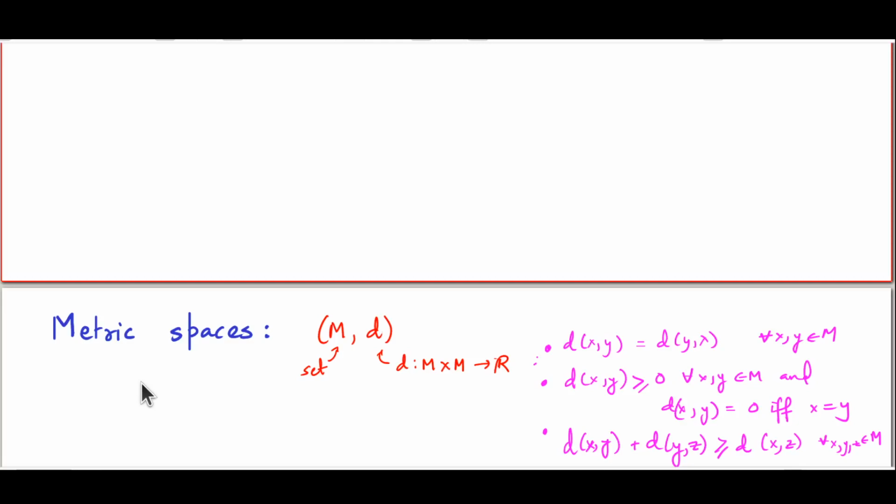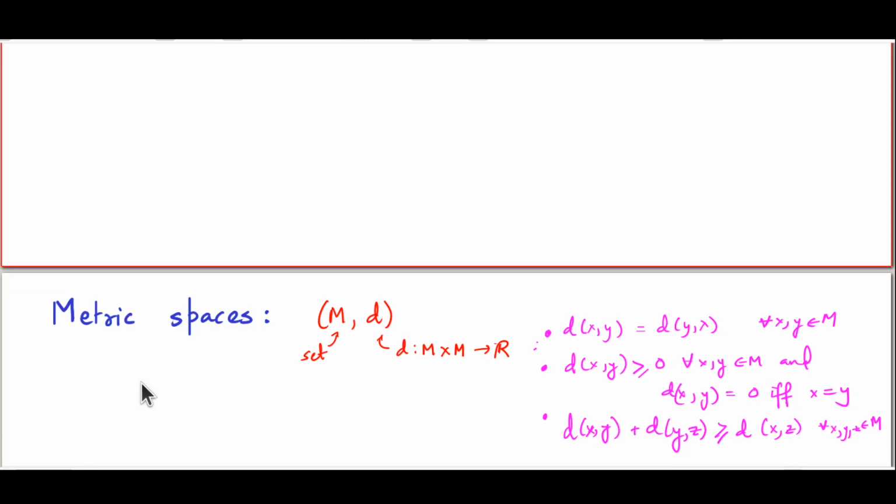Indeed, the distance function d has been modeled on the modulus function. But now that we have a more general setting than the real line, where we can talk about distances between points, we can immediately talk about how to define continuity of a function between two such spaces.